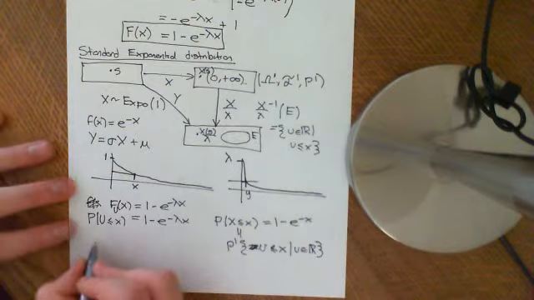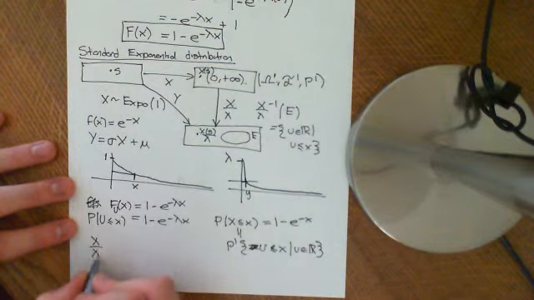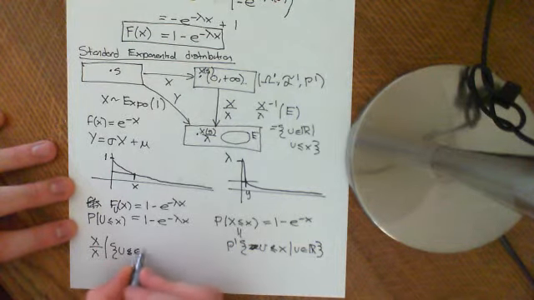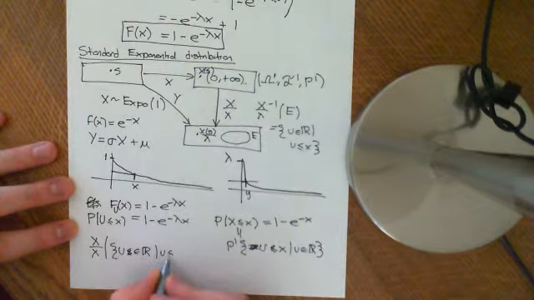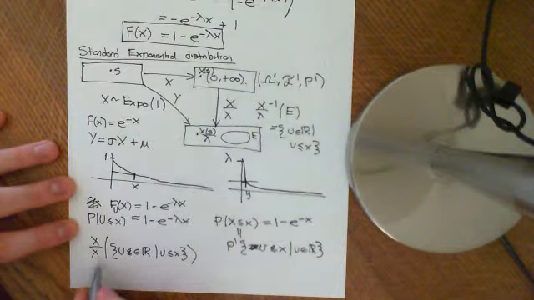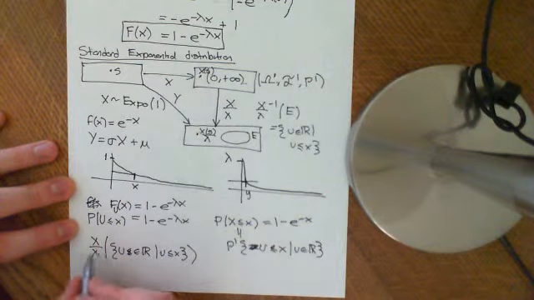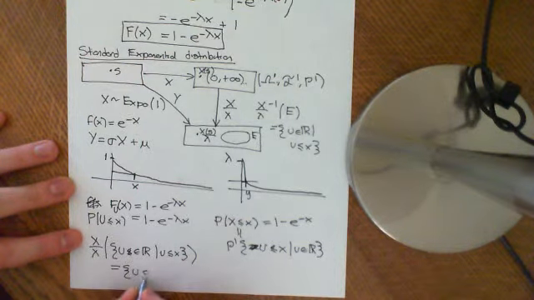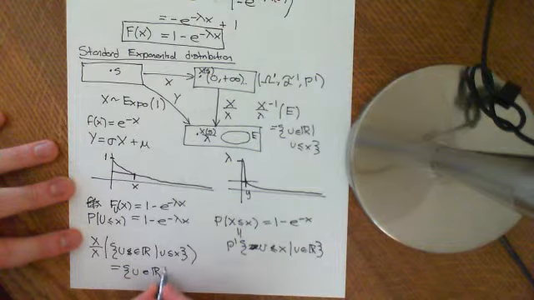Viewing x divided by lambda as a map on the set of real numbers u such that u is less than or equal to x, if we take the image of that set, it maps every point by dividing it by lambda, so it's going to be the set of real numbers u such that u is less than or equal to x divided by lambda.